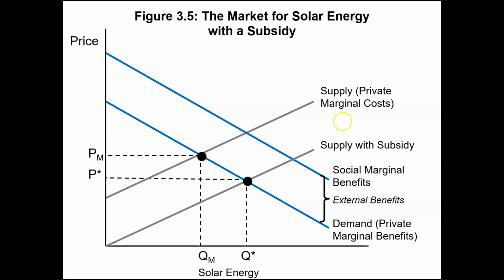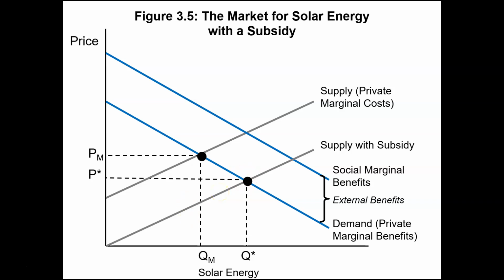Or on the other hand, actually what's being shown in this picture is that they're subsidizing the production of solar energy. And so we shift the private supply curve down, because we reduce the cost of production of solar energy.